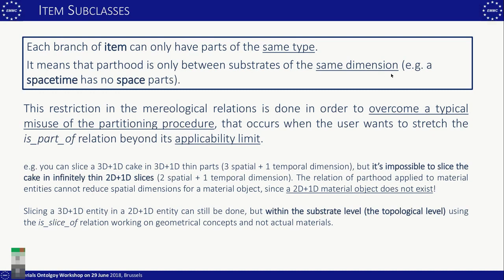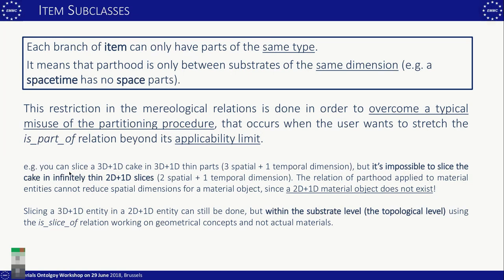So partout is only between subsets of the same dimension. This restriction in the mereological relation is done in order to overcome a typical misuse of the partitioning procedure that occurs when the user wants to stretch the is-part-of relation beyond its applicability limit.